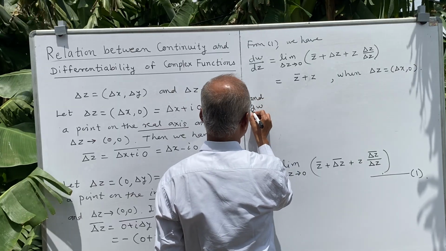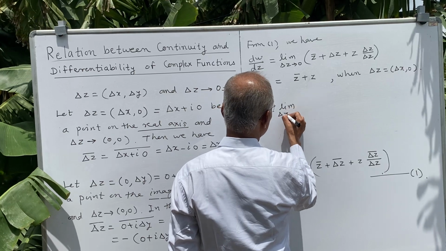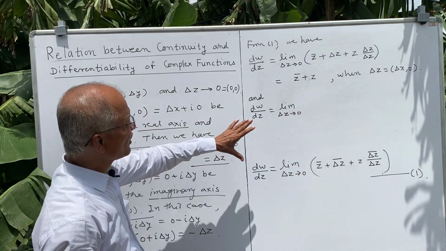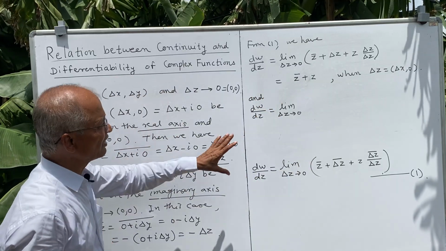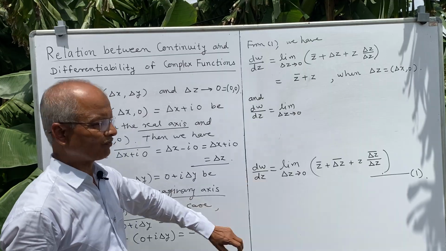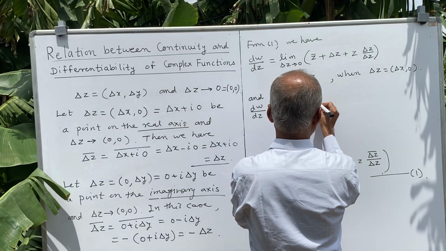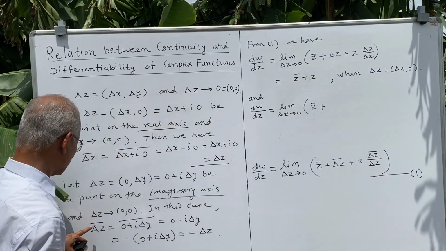Because we have two values of the conjugate of delta z, we write the two limits from 1. Now what is the value in the second case?